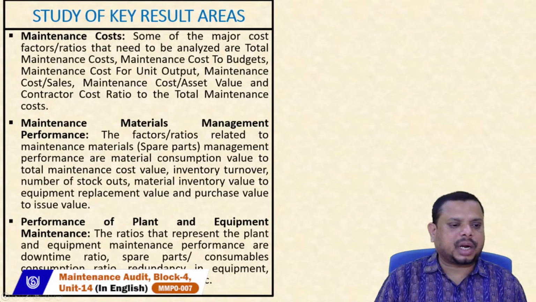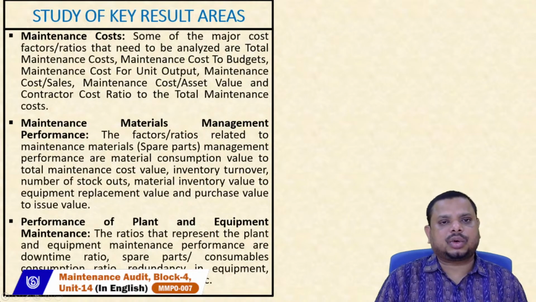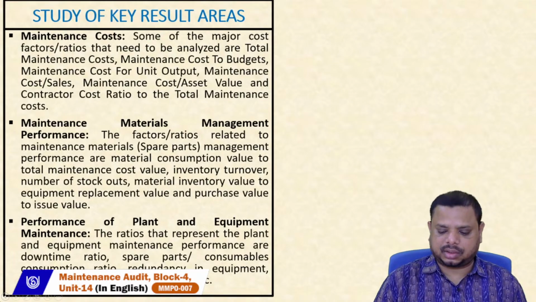The next important part we have is performance of plant and equipment maintenance. Here the ratios that represent the plant or equipment maintenance performance are downtime ratio, spare parts and consumable consumption ratios, redundancy in equipment, and design life to replacement life ratio.